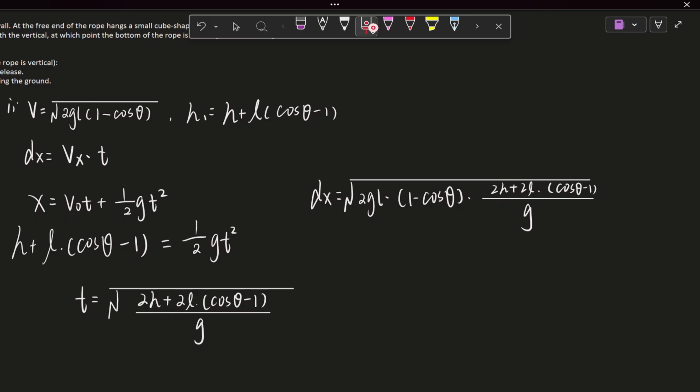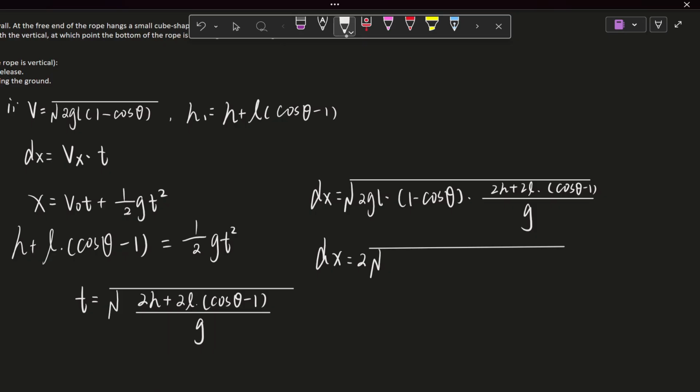Well, you may think that's a little bit complicated, but we can actually cancel a lot of things. For example, we can cancel out g, and we can move these 2's outside of the square root, which gives our final answer.